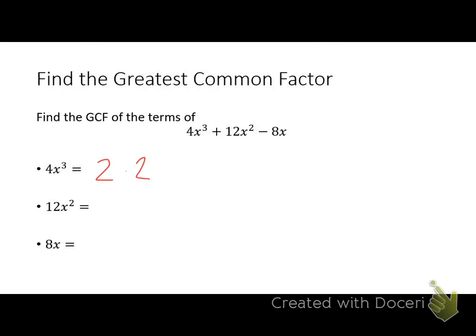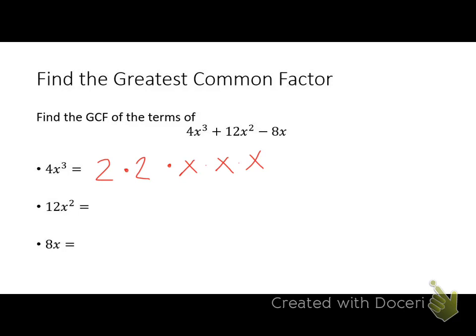And I wanted to use 2 times 2 and not 4 times 1 because 4 is not a prime number because it has factors that are not 1 and itself. 2, on the other hand, its only factors that multiply to 2 are 1 and 2, so it's prime. So that's why we want to use 2 times 2 instead of 4. And so with my x's, I want to write them out individually, so x cubed represents 3 x's multiplied together.